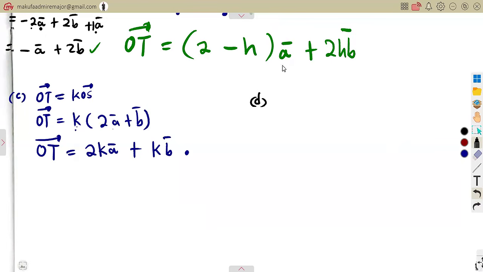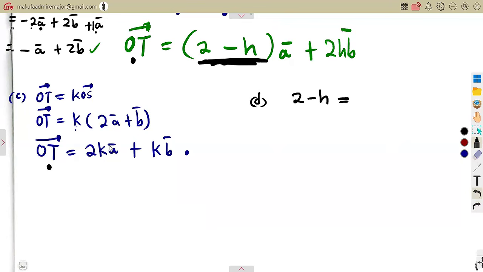OT is equal to this. We take this OT and this OT. Where there is vector A, you consider there. So the first OT, where there is vector A, the constant affecting the scalar that is there is 2 minus H.